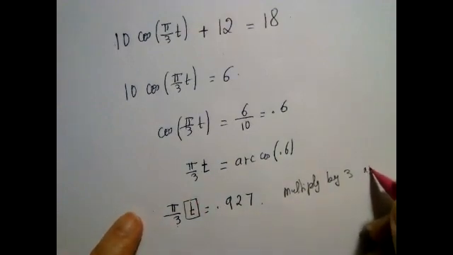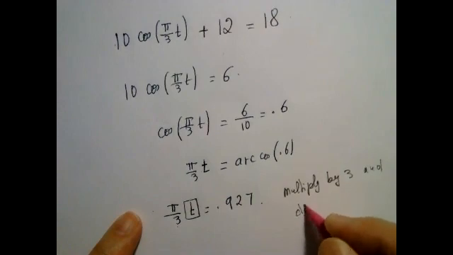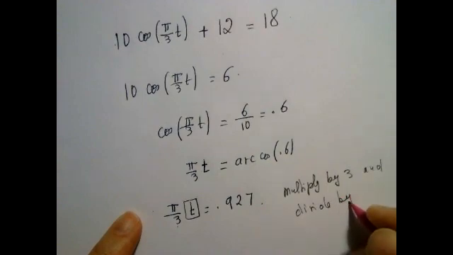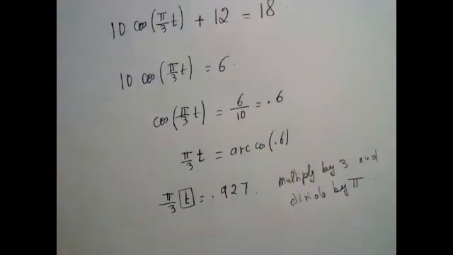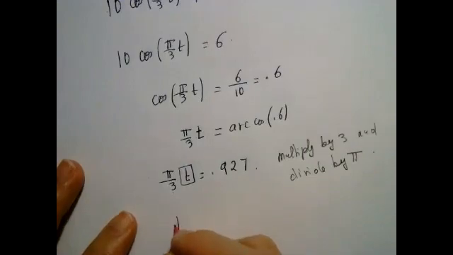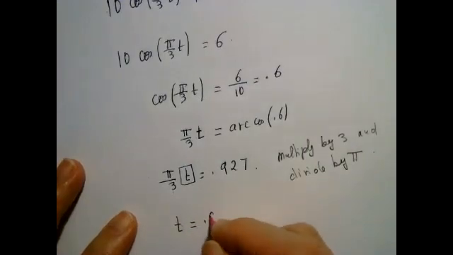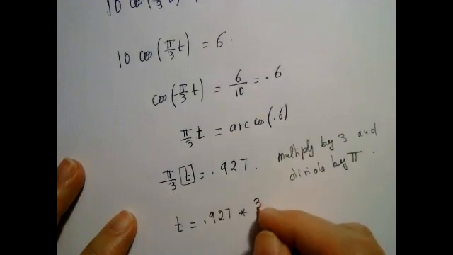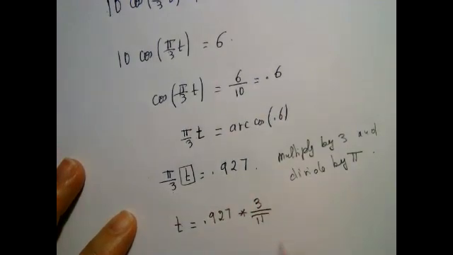Multiply by 3 and divide by pi. So this is going to give me t equal to 0.927 multiplied by 3 and divided by pi.